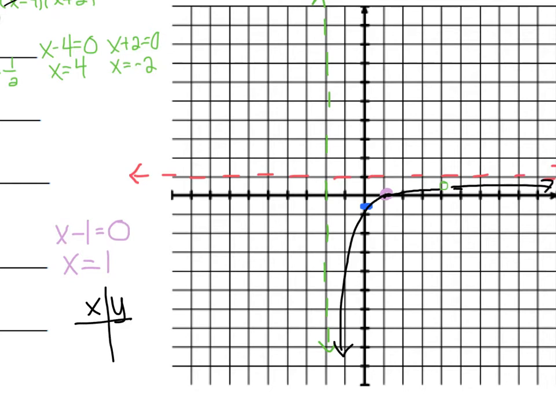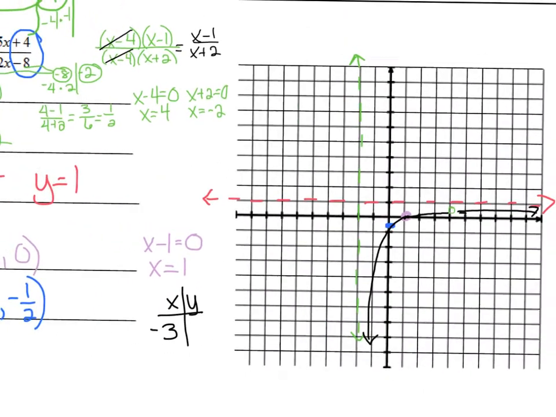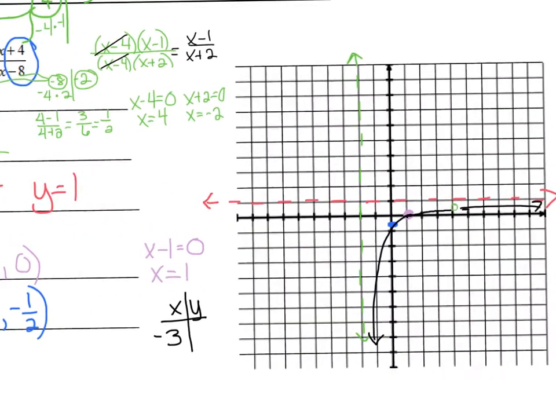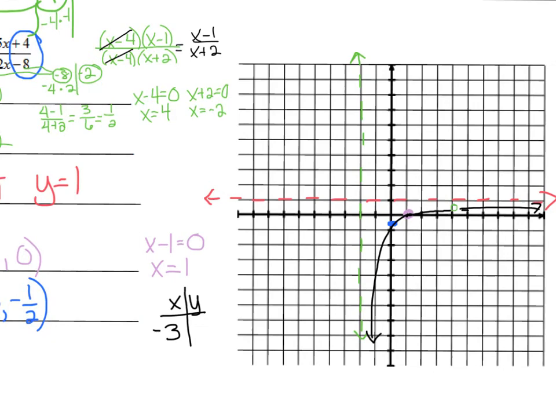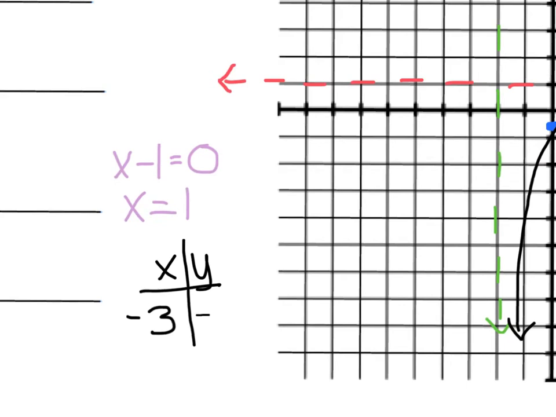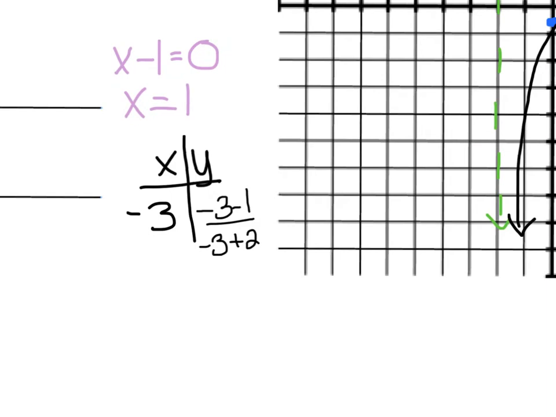And again, I'm using the x value of -3. Well, whenever I'm trying to find the y, we plug in. So I plug the -3 into my simplified fraction. So we go -3 minus 1 over -3 plus 2, because of the x plus 2 on the bottom. -3 minus 1 is -4. -3 plus 2 is -1.